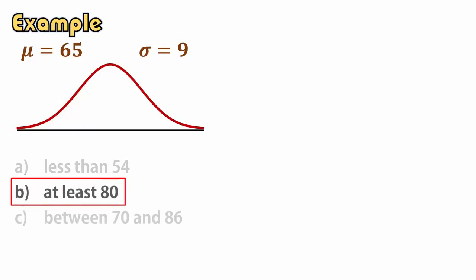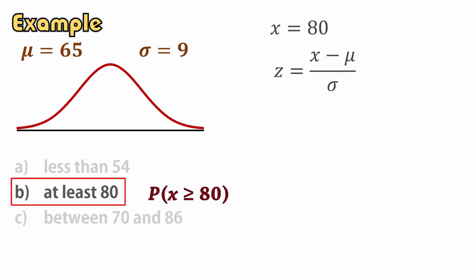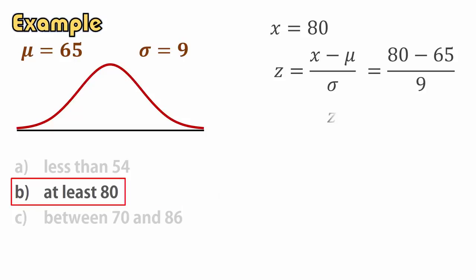In B, we want the probability that x is at least 80. In continuous distributions, like the normal distribution, there is no distinction between x is at least 80 and x is greater than 80. We apply the same approach in both cases. So for x equals 80, z equals 80 minus 65 divided by 9, and that gives 1.67 to 2 decimal places.